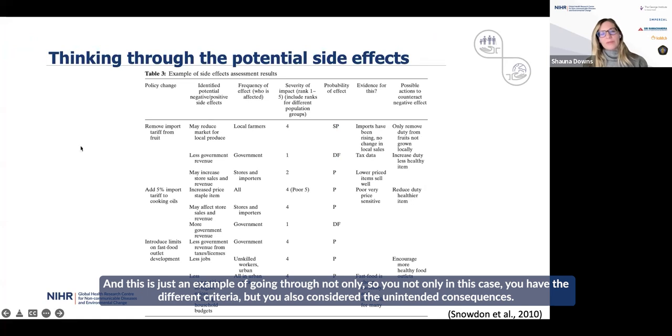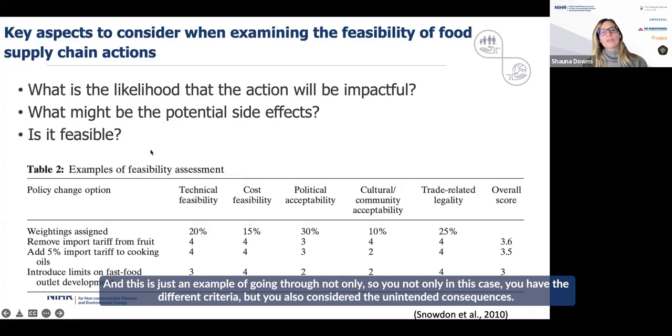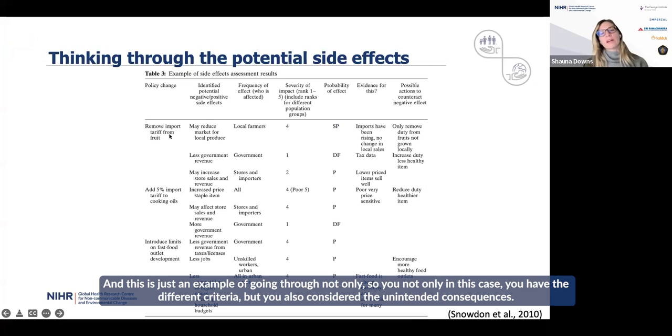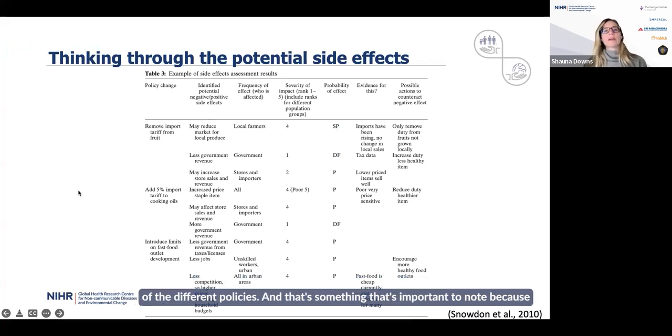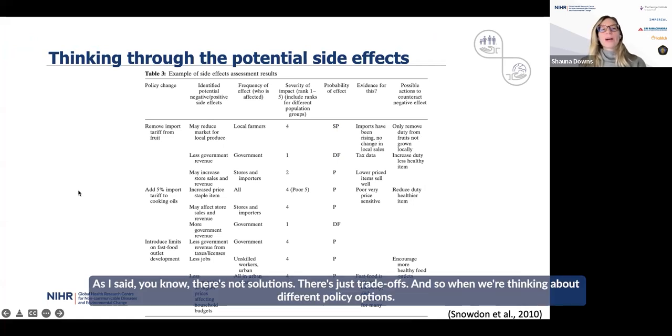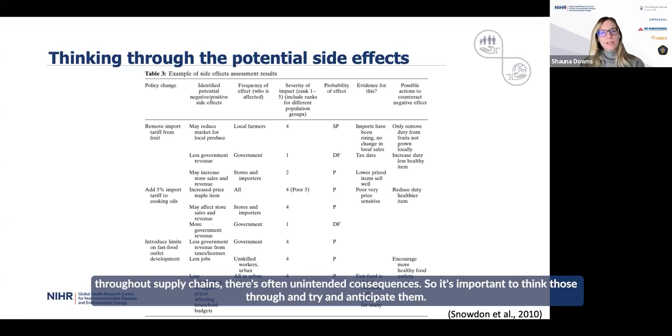And this is just an example of going through not only the different criteria in this case, but you also consider the unintended consequences of the different policies. That's something important to note because, as I said, there are no solutions, there are just trade-offs. And when we're thinking about different policy options throughout supply chains, there are often unintended consequences.